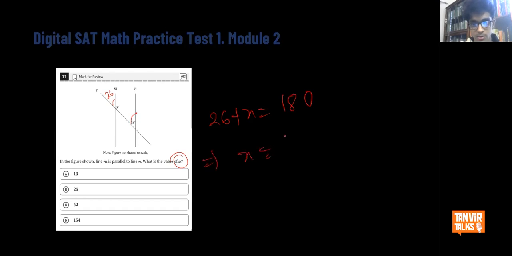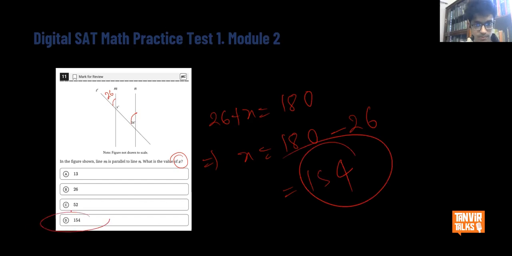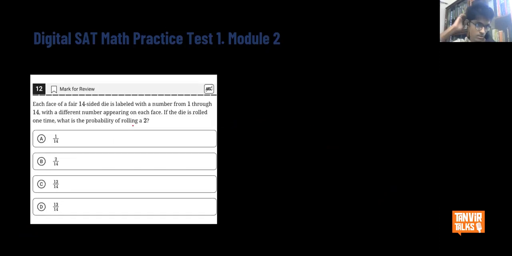So x is equal to 180 minus 26. So that would be 154. That's the answer. Because they lie on the same line, the sum of x and 26 would be 180. And these two angles are also equal, right?